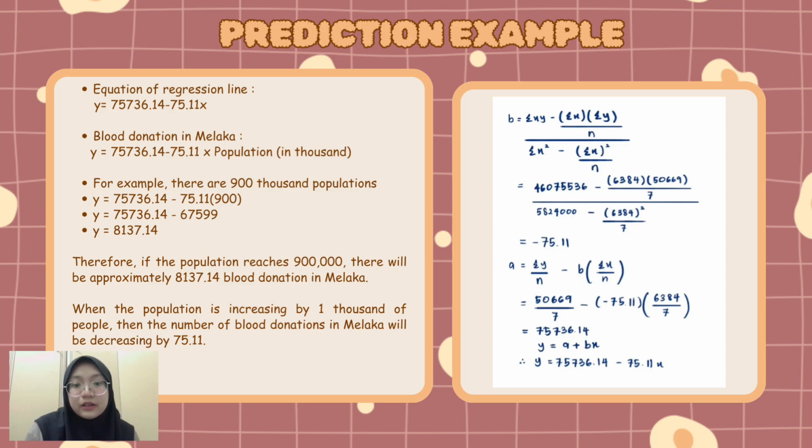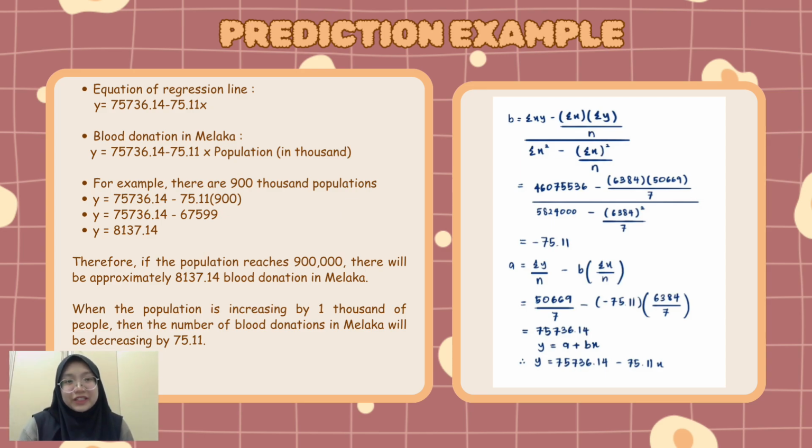And then we have the values of a and b. We can substitute into the formula of the regression line, and the final equation we get is y equals 75736.14 minus 75.11x.